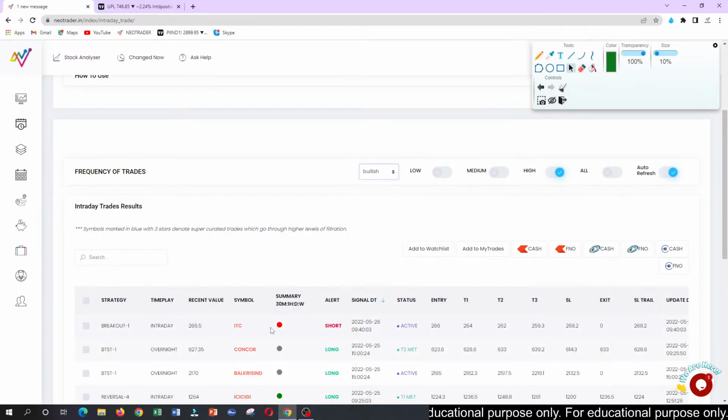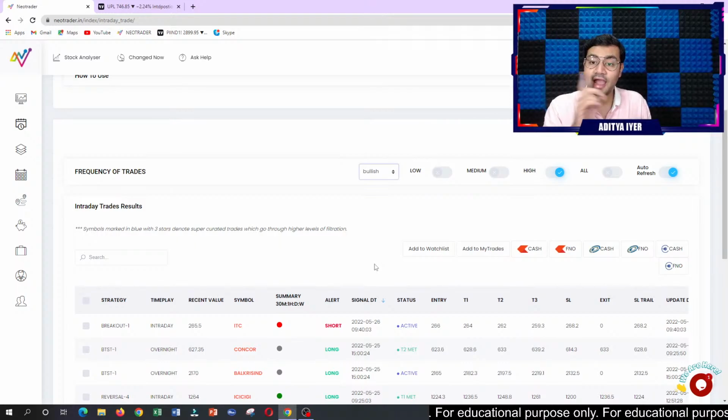Again, from my bullish list, I got a short trade in ITC. All right. Remember one thing, ITC was in my bullish list and ITC is in an uptrend. Today it was maybe in a downtrend, so we got a short trade in ITC.